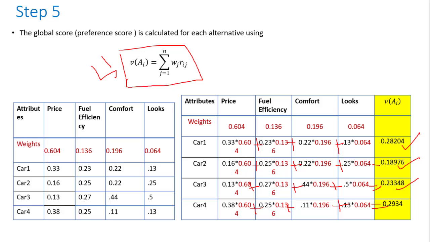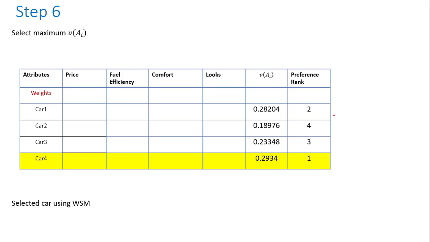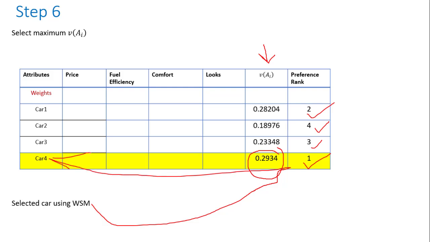Like that we calculate the global score or preference score. Once that score is calculated, the decision will be made on the basis of this score only. Now look for the highest global score. The highest global score here is 0.2934. Give that rank 1, then the second highest rank 2, then rank 3, then rank 4. So the selected car, if we have to select one, will be car 4 because it has the highest global score.